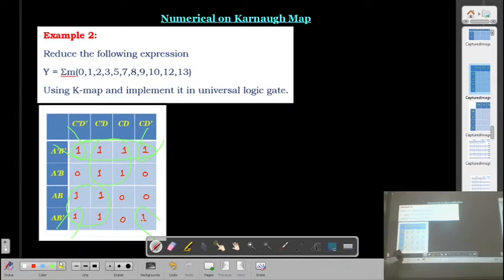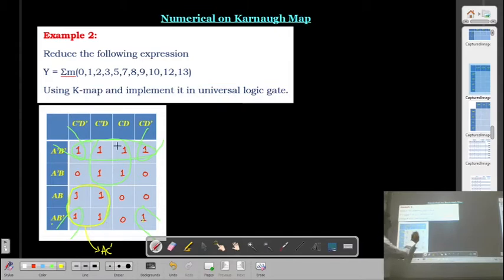So first of all, if you see the expression for this quad, I am marking it with yellow. If you write this expression, it will be A, which is not changing, and here C dash. So A C dash. Correct?